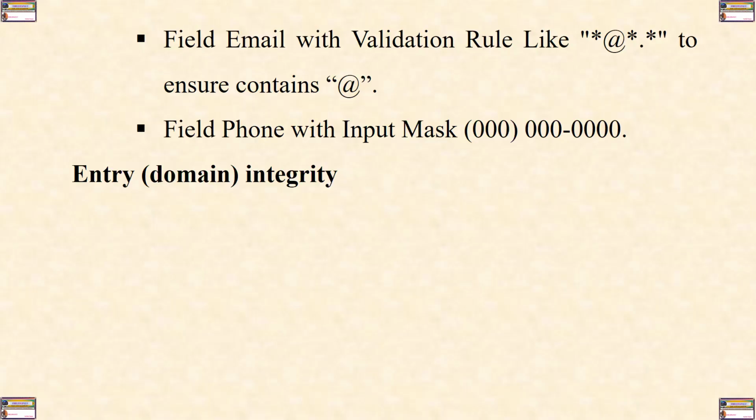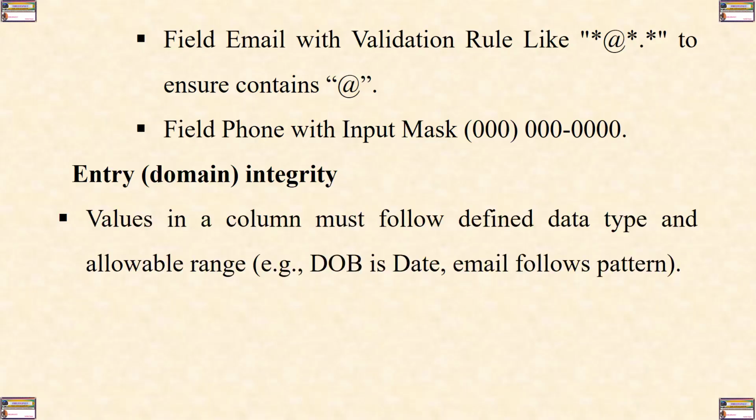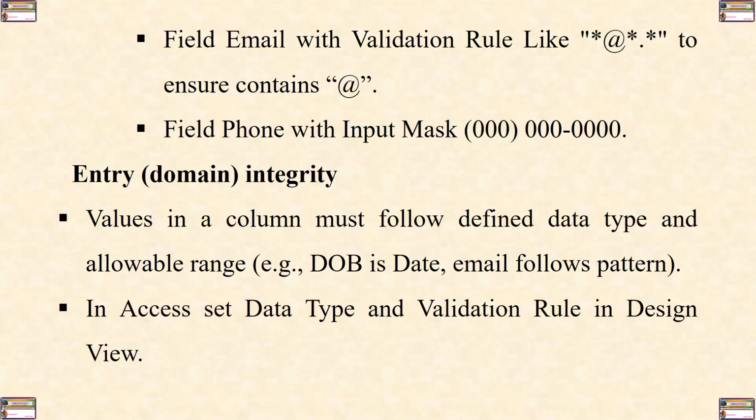We also have what we call the entry or domain integrity. So we have data integrity, and we also have entry or domain integrity. Under the domain integrity, we ensure that values in a column follow a defined data type and allowable range. For example, date of birth is date. Email follows the email pattern.